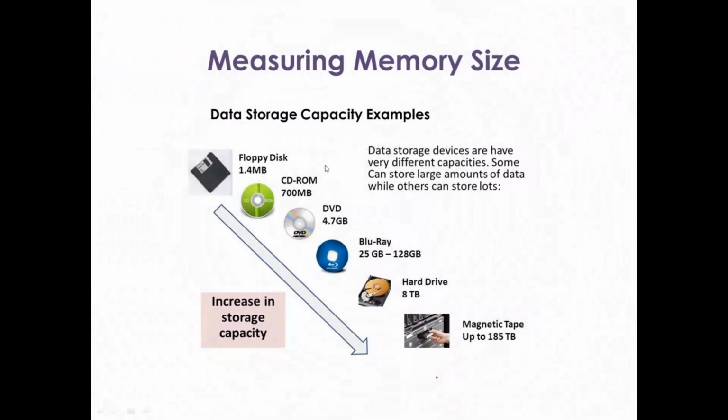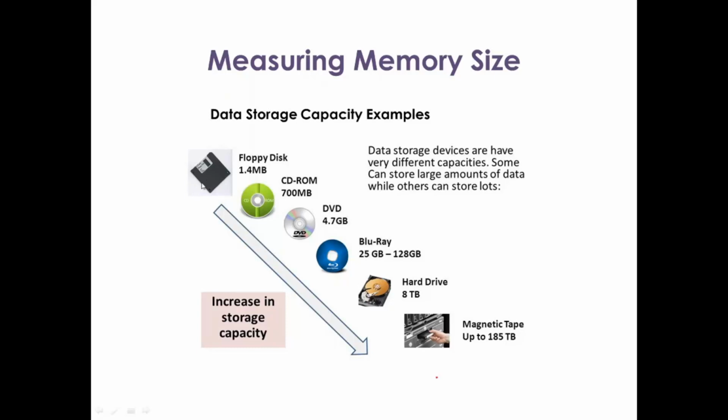We have a complete chapter for the storage devices, that is chapter 8, and we will be discussing different storage devices and their storage capacities and details. But I just want to introduce you to different storage devices and their storage capacities.